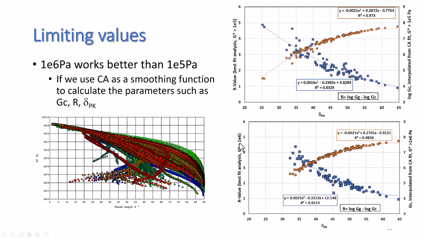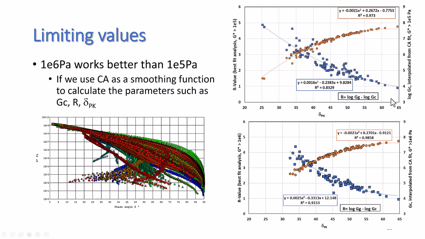And that's consistent with where fracture occurs. So remember, the fracture is all occurring at 1e to the 6 and higher. So we don't really need to include the data below 1e to the 6 in our calculations if we are just looking at fracture considerations. So the improvement we get here is going from an R squared of 0.97 to an R squared of about, well, 0.99 in this case, in terms of the data set.